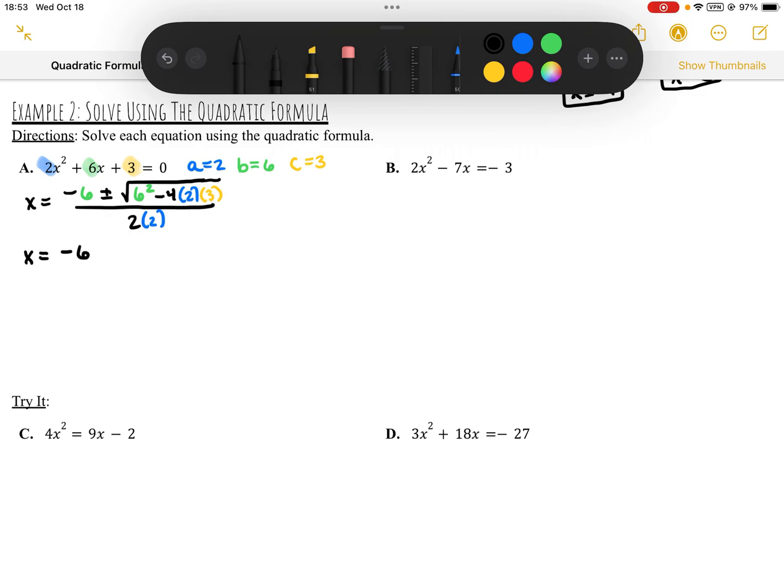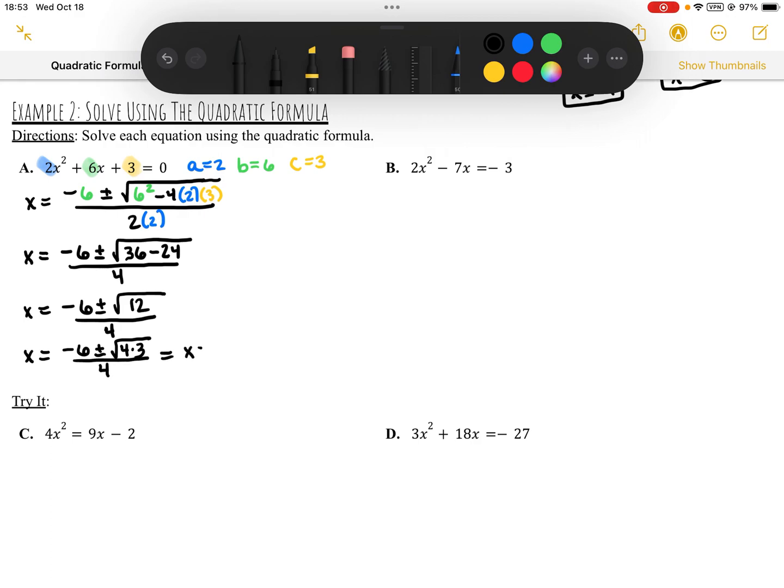So I'm going to have -6 plus or minus the square root of 6 squared is 36 minus 4 times 2 times 3 gives me 24, over 2 times 2, which is 4. So I'm going to have -6 plus or minus the square root of 36 minus 24 gives me 12, and that's all over 4. 12 is not a perfect square, but there's a perfect square that goes into 12. That is 4. So I'm going to rewrite that as 4 times 3.